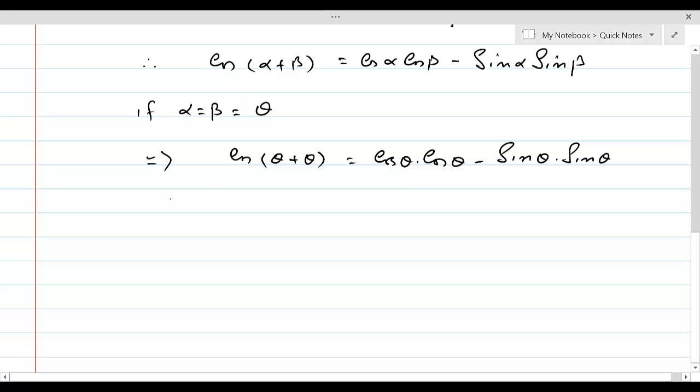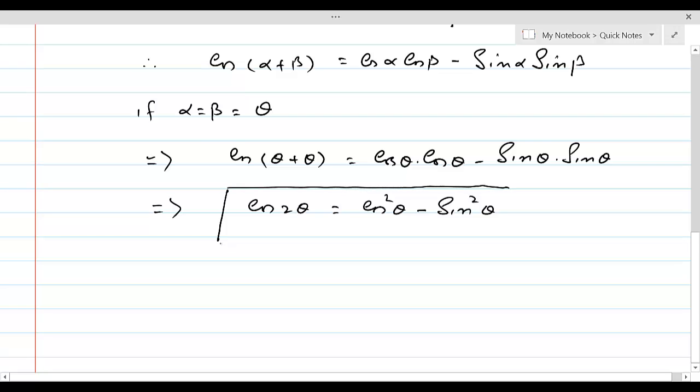So cos of theta plus theta will become cos 2 theta, which will be equal to cos square theta minus sine square theta. So this is the second double angle identity for cos 2 theta.